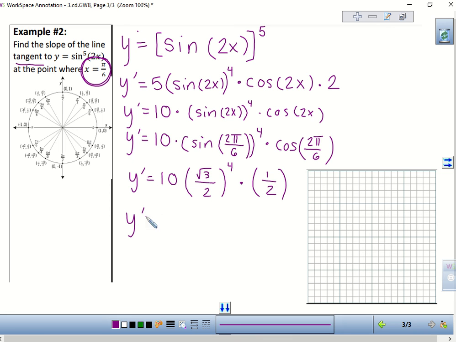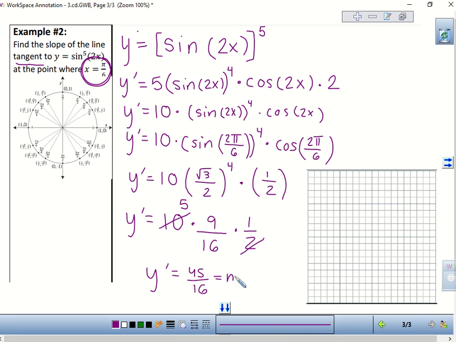So that gives me y prime equals 10 times square root of 3 to the 4th would be 3 times 3, which is 9, over 2 to the 4th, which is 16, times 1/2, which this cancels and gives me 45 over 16.